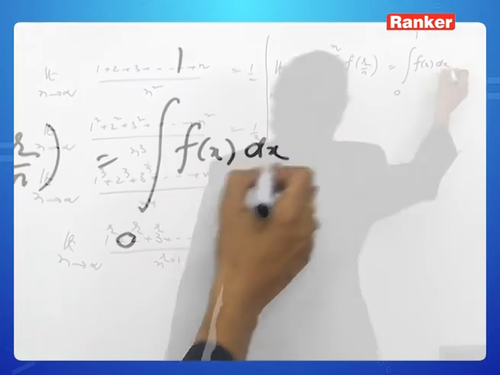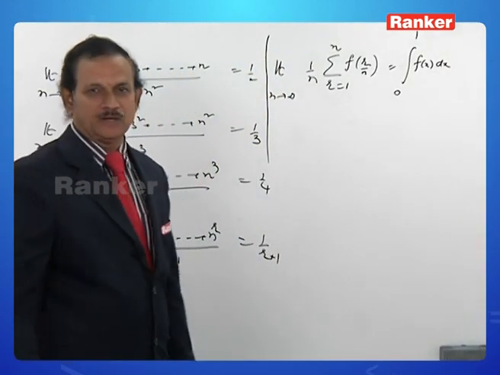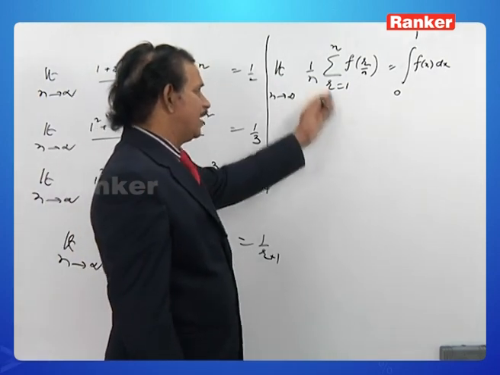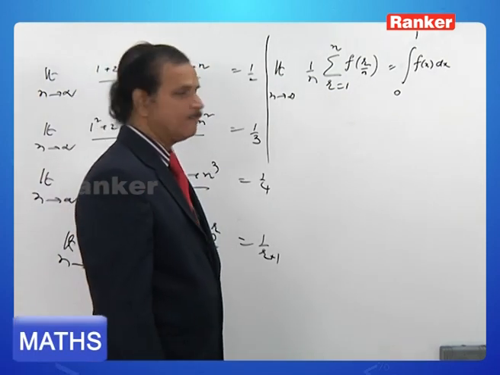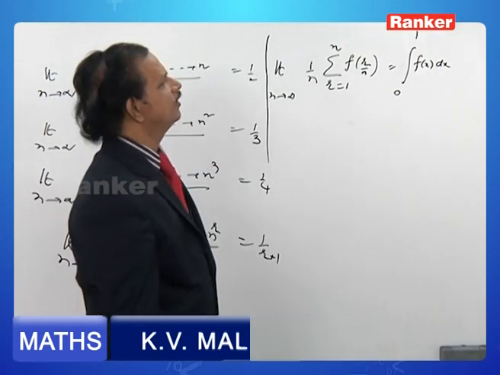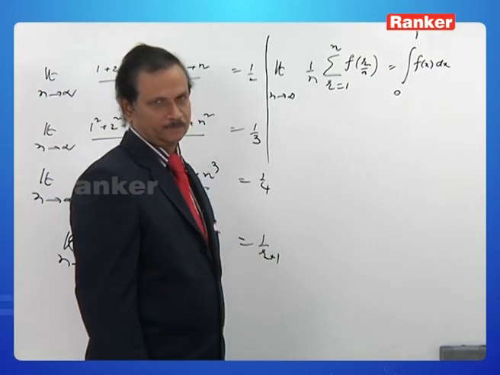You please observe, in the place of r by n, you are replacing x. r changes from 1 to n, then x changes from 1 by n to n by n. 1 by n, its limit is 0. So 0 to 1 f of x dx.